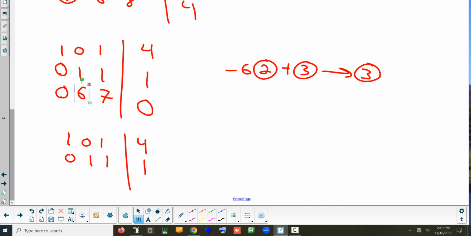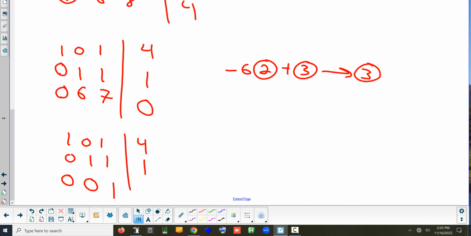Okay, so negative 6 times everything in the second row added to the third. What's negative 6 times 0? Plus 0. 1 times negative 6? Plus 6. Good. 1 times negative 6? Plus 7? This could not be working any better.